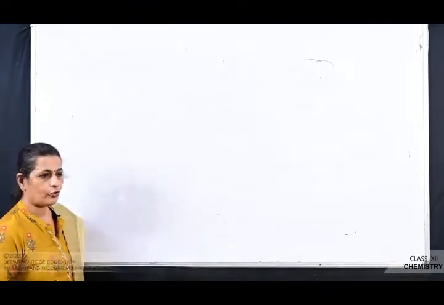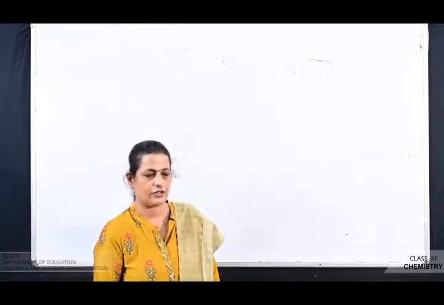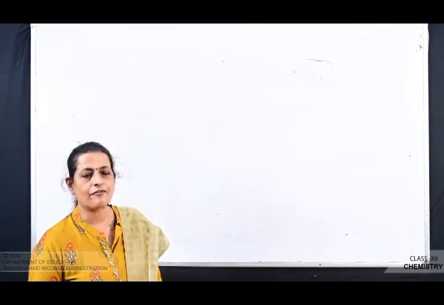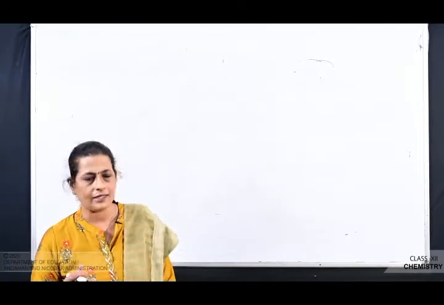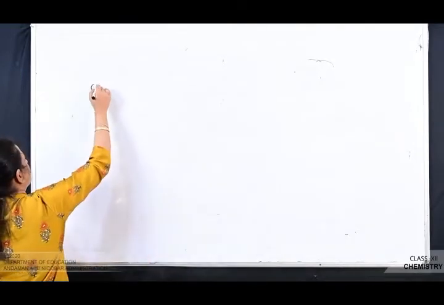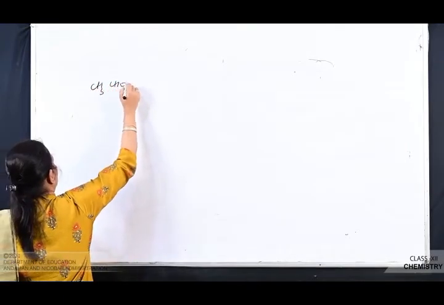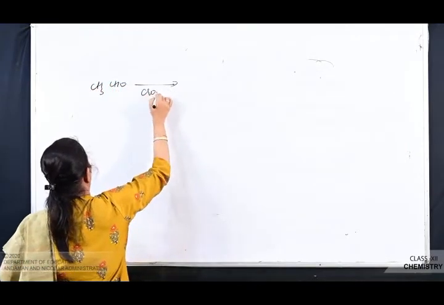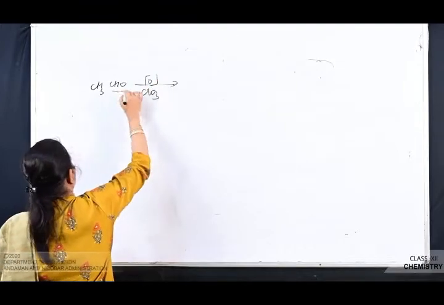Now see here, if you want to convert an alcohol to an aldehyde without converting it into acid, then you have to use oxidizing agents which are very mild. Now see here, CH3CHO, this is an oxidation with chromic anhydride, CrO3.